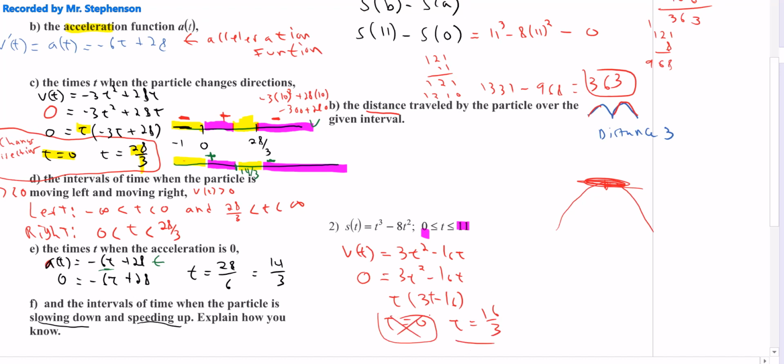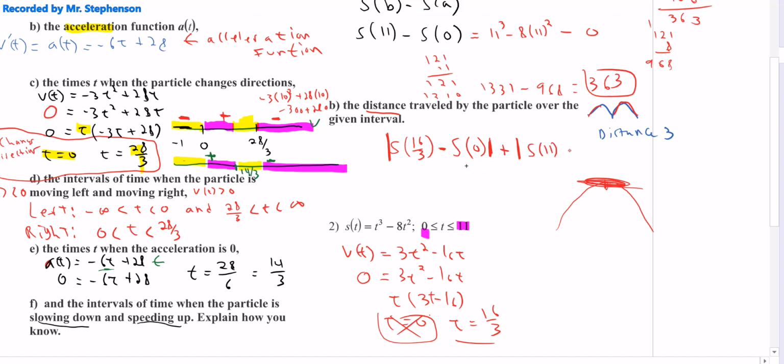And then 16/3, it changed directions at 16/3, which means I need to break my interval into 2 pieces. I need to go from s of 16/3 and take the absolute value because I don't want any negative numbers, right? S of 16/3 minus s of 0, and then I'm going to add that to the rest of the interval, which is all the way to 11, right?